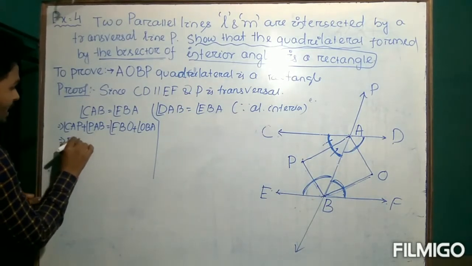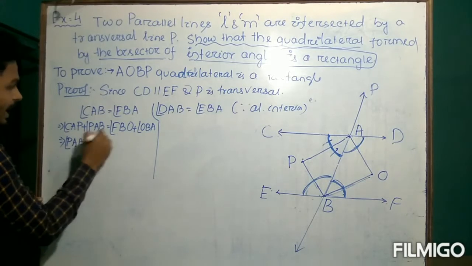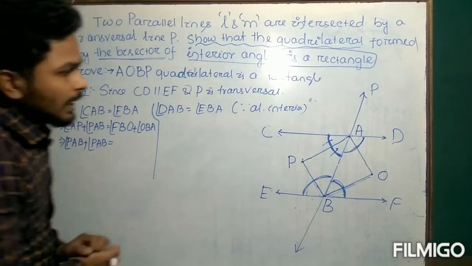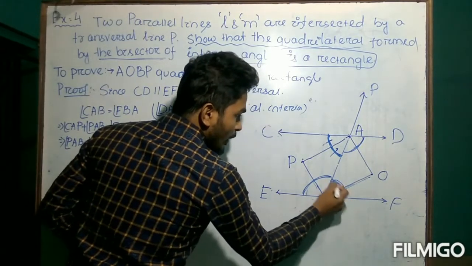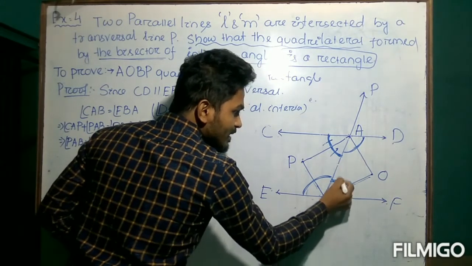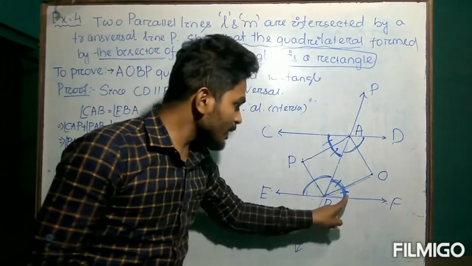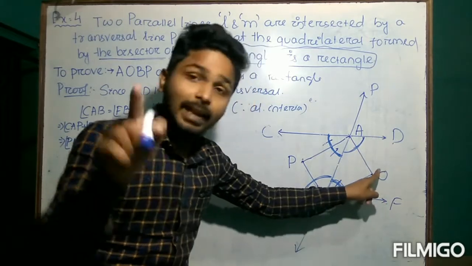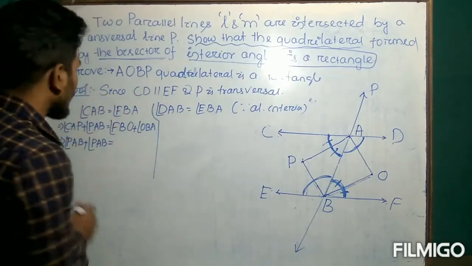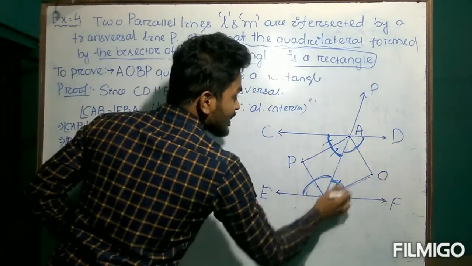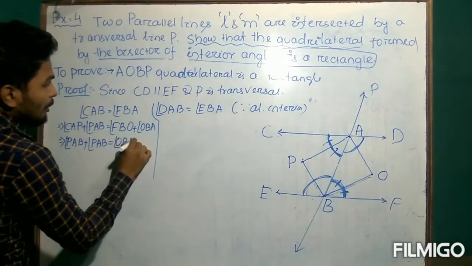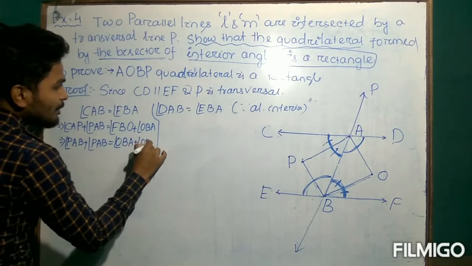So PAB plus, again there is also PAB, is equal to, since OB is the angle bisector, this angle's value is equal to this angle's value. So in the place of FBO we can substitute OBA, because these two halves are equal. So FBO can be written as OBA plus, again there is another OBA.